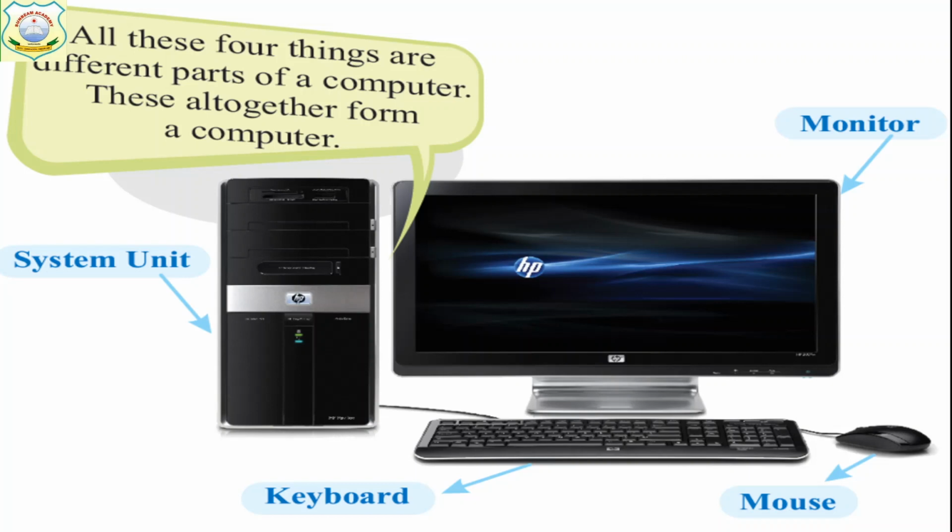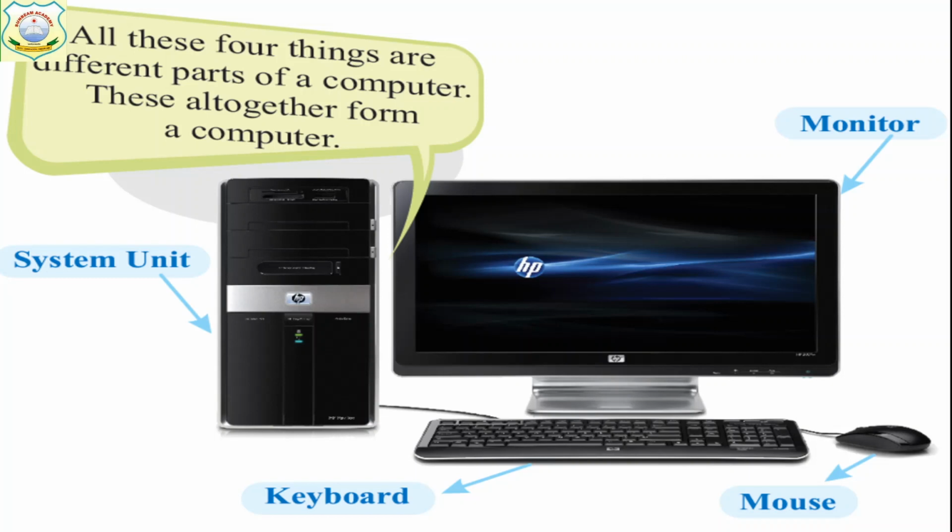Monitor, keyboard, mouse and system unit. See, this is monitor, this is system unit, this is keyboard, this is mouse. All these collectively called computer system. All these four parts collectively called computer.